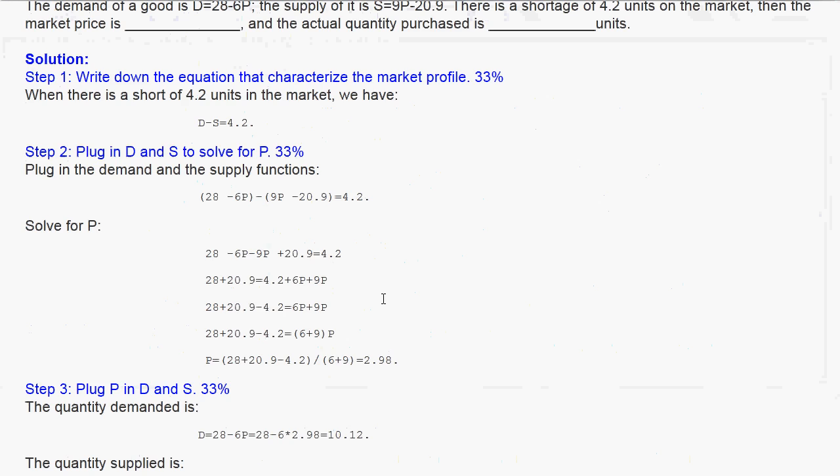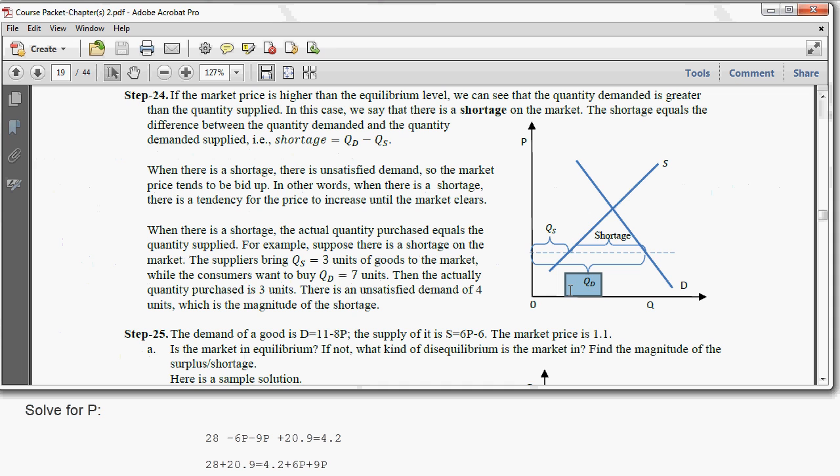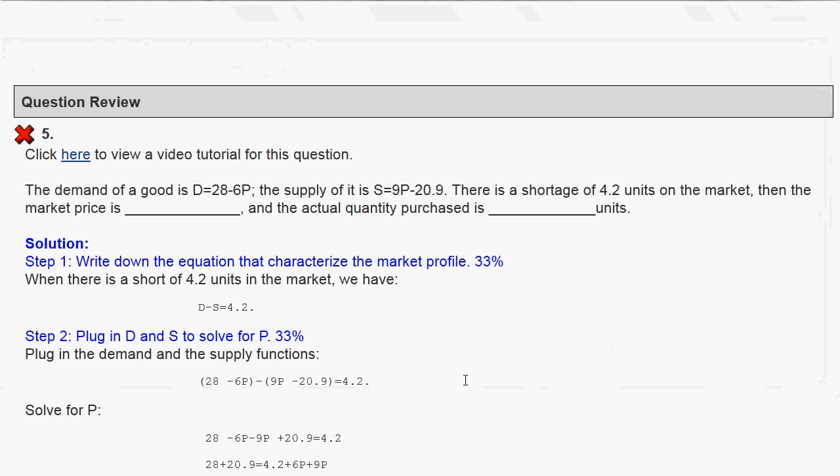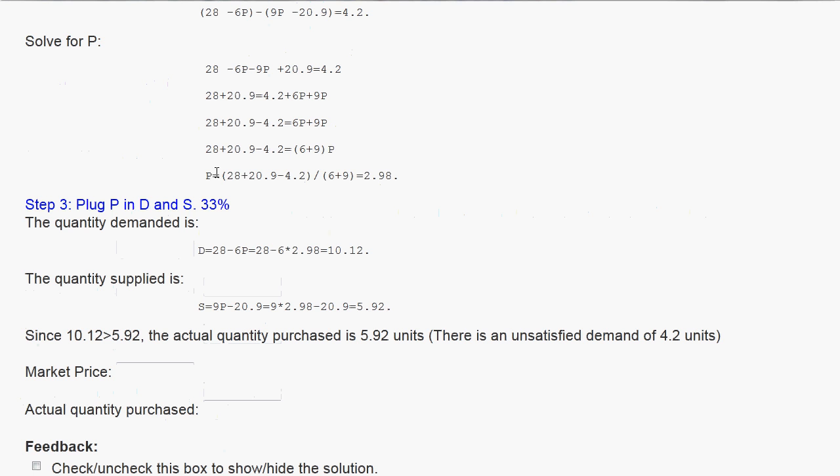Now what do we want? We want to solve for the actual quantity purchased. So we need to find the quantity supplied, we need to find the quantity demanded, and then we compare these 2 quantities. The smaller one is the actual quantity purchased. Right, let's plug the equilibrium price into the demand function.